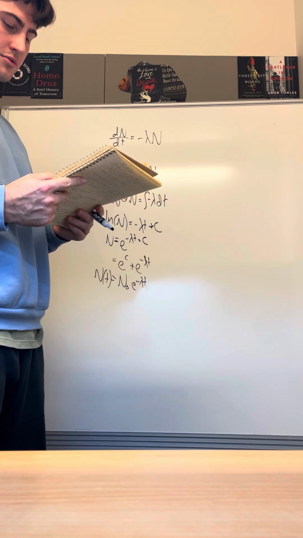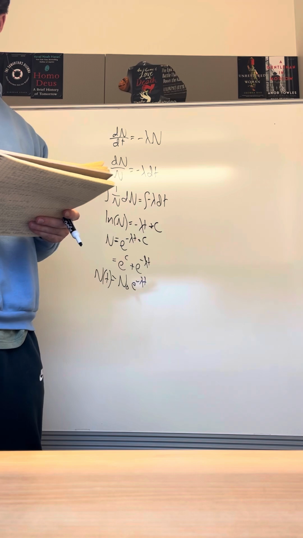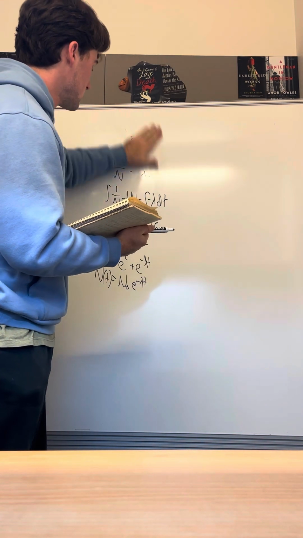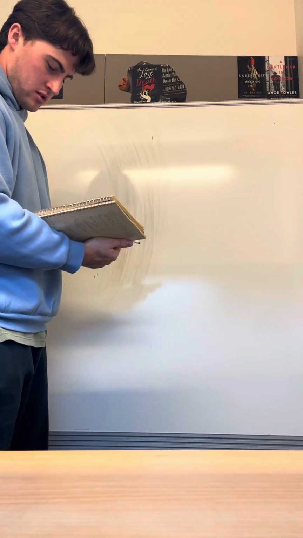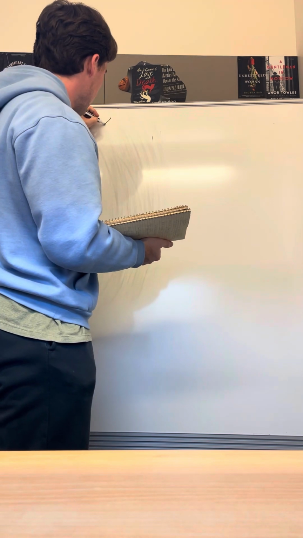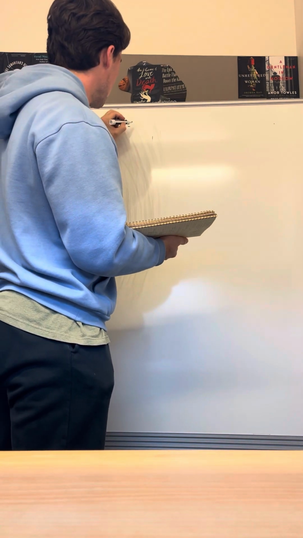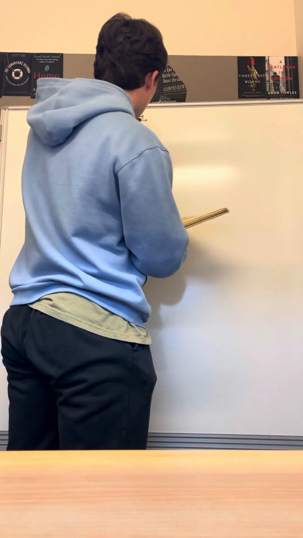So now we want to use this result to derive the mean lifetime of a radioactive isotope in terms of its decay constant. So we have the equation T equals the integral from 0 to infinity.